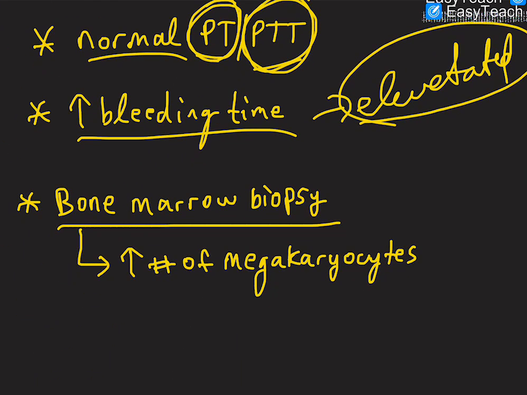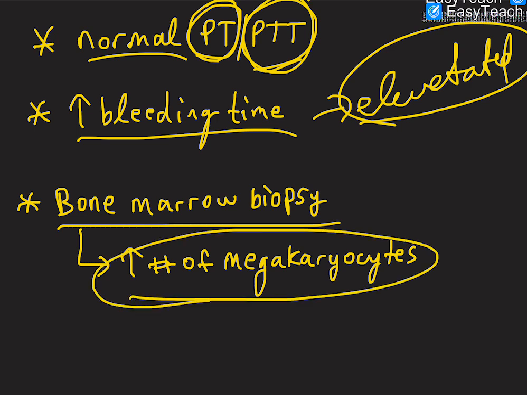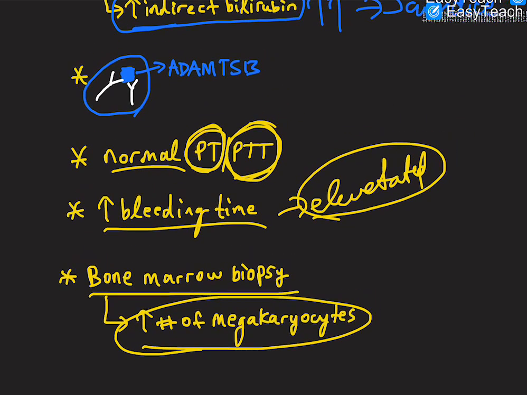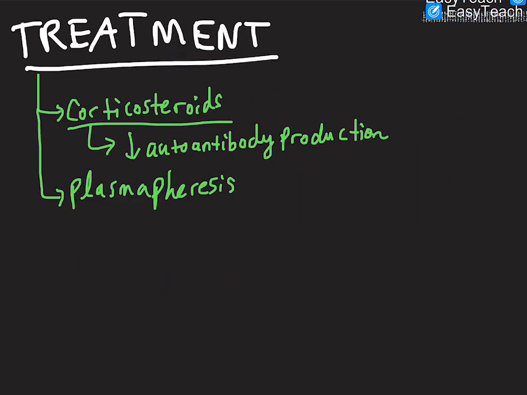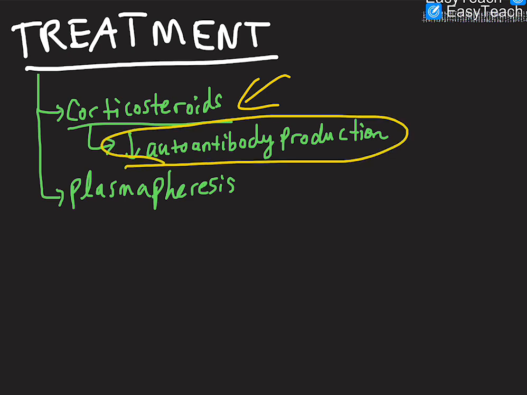And again, if you do a bone marrow biopsy, because you're consuming so many platelets, your bone marrow is going to try to compensate and increase the production of megakaryocytes because we know platelets are cytoplasmic fragments of your megakaryocytes. So that's just a compensation mechanism. All right. So that's basically TTP. So now we can go to the treatment. If we give corticosteroids, remember corticosteroids inhibit the immune system, so you may inhibit the autoantibody production against ADAMTS13.